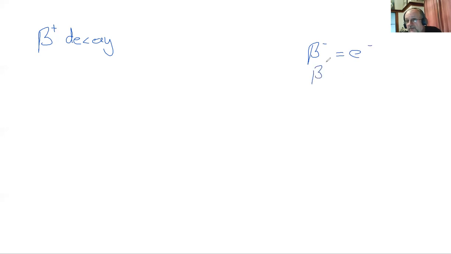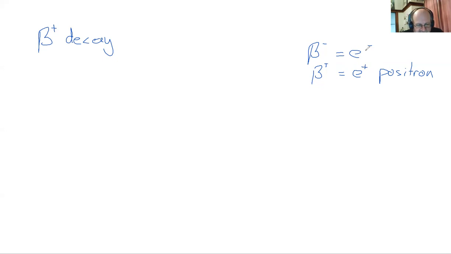Beta positive is equal to an electron with a positive charge. This is called a positron. And this is actually a form of antimatter. So a positron has the same mass as an electron, but it's going to have a positive charge instead of a negative charge.